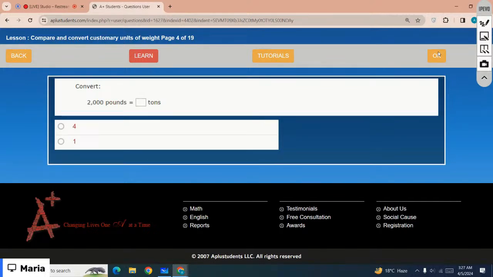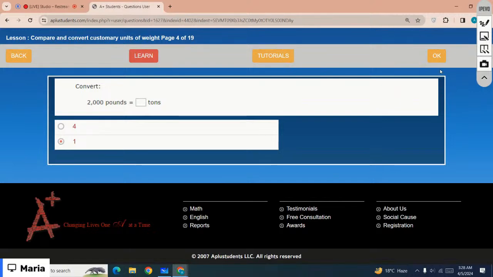2,000 pounds equal how many tons? 2,000 pounds equal 1 ton.